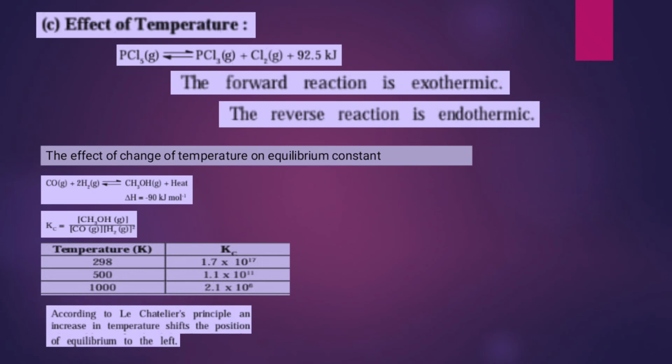If the temperature is raised to 500, then the Kc value will be 1.1 into 10 raised to 11. And if the temperature is raised to 1000 Kelvin, then the value for Kc will be 2.1 into 10 raised to 6. Now here, according to Le Chatelier's principle, an increase in the temperature shifts the position of equilibrium to the left.